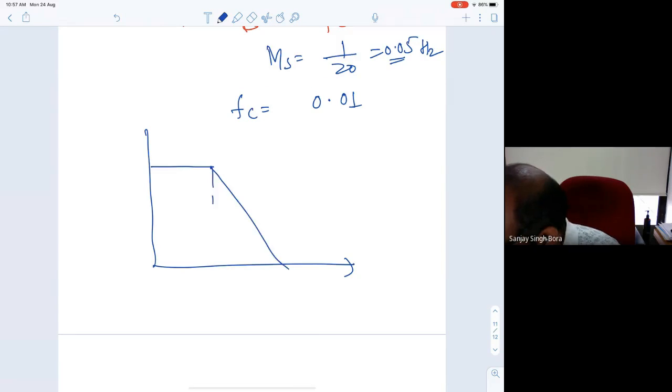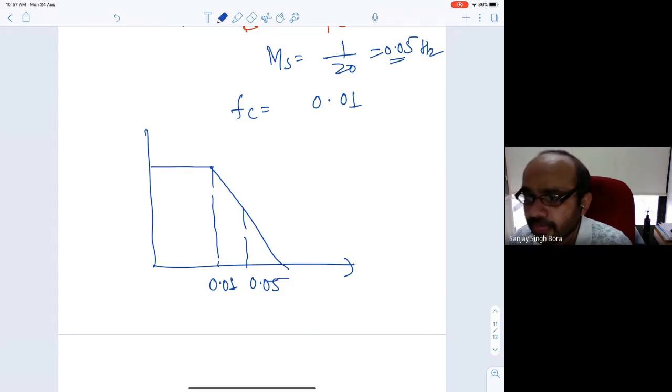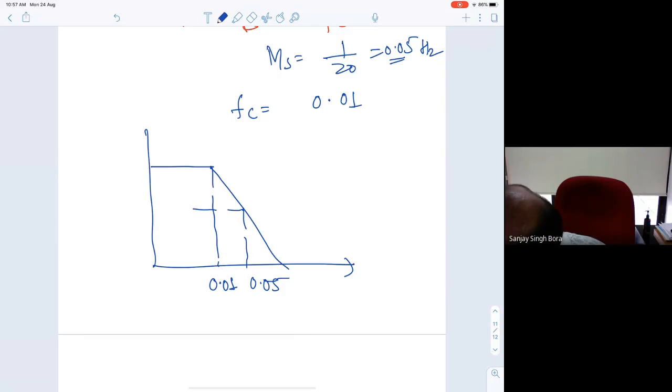So this is 0.01 and this is 0.05, at which you are measuring MS. So still you are measuring a smaller magnitude, because actually it should be here. Actual M0 should have been here. But what your MS is giving you is this.